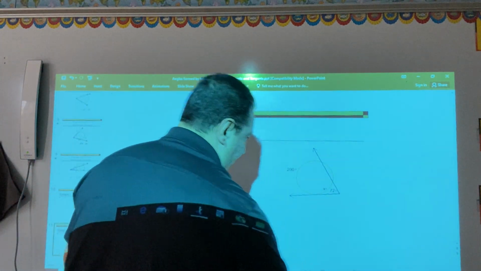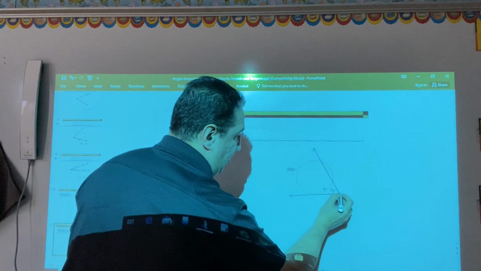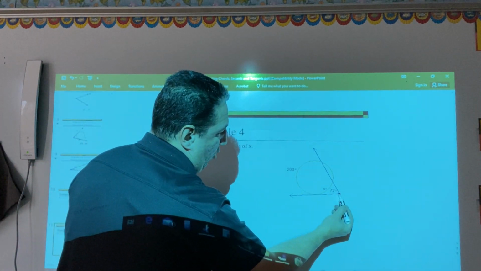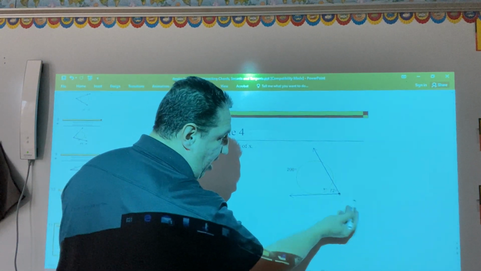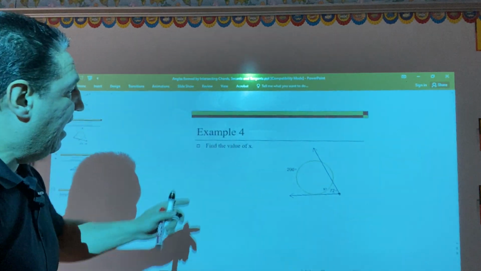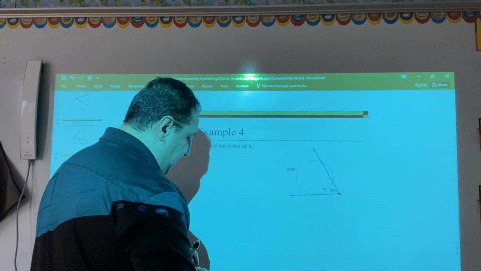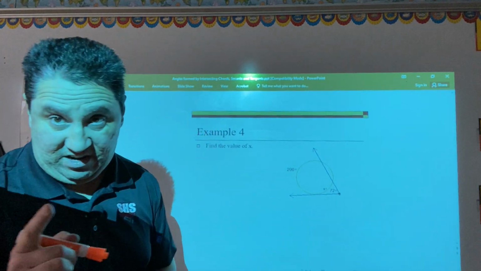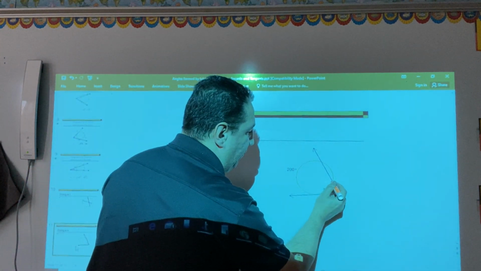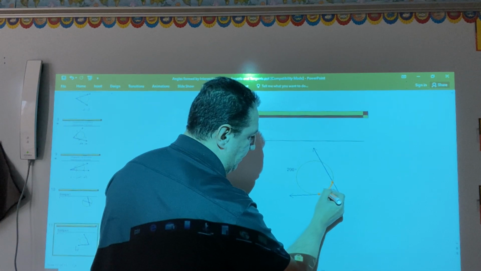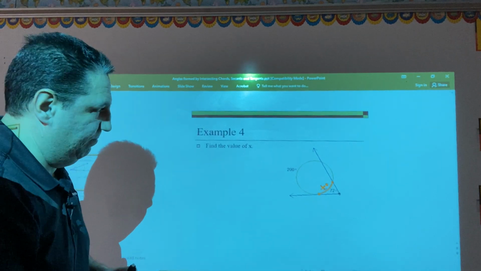In this example, we deal with an exterior intersection. Why? Because we have a tangent and a secant that intersect outside the circle, and we need to find the value of x. X, in this case, is an arc, not an angle, because the angle is 72. So this is our x. Let's make it larger.